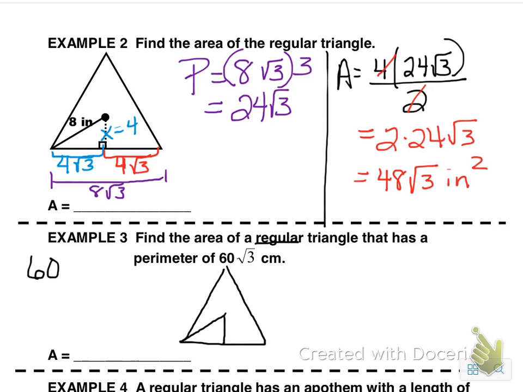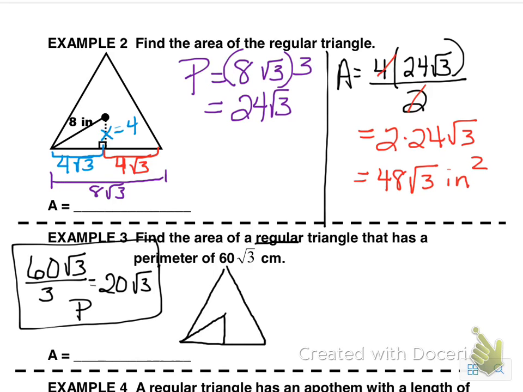So if there's 3 sides to the equiangular equilateral triangle, 60 square roots of 3 divided by 3 leaves me with 20 square roots of 3 for the side length. They gave us the perimeter. So 20 square roots of 3 is a side length.